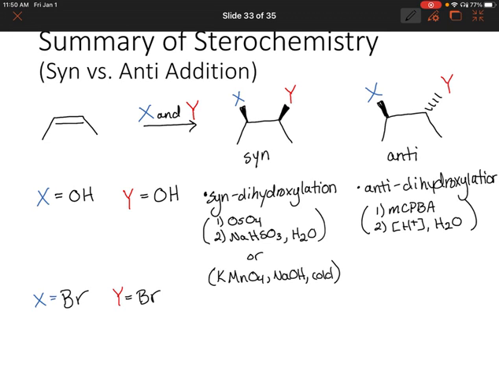Okay, so what if we want to add bromines across the double bonds? Which reaction do we use for that? Halogenation. And is halogenation a syn addition or anti-addition?